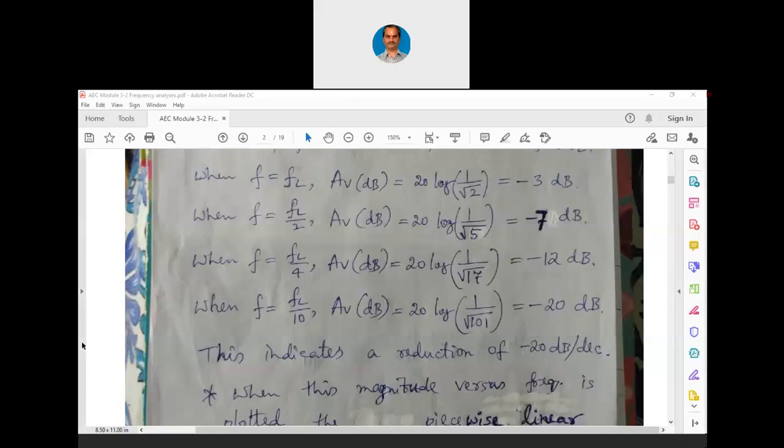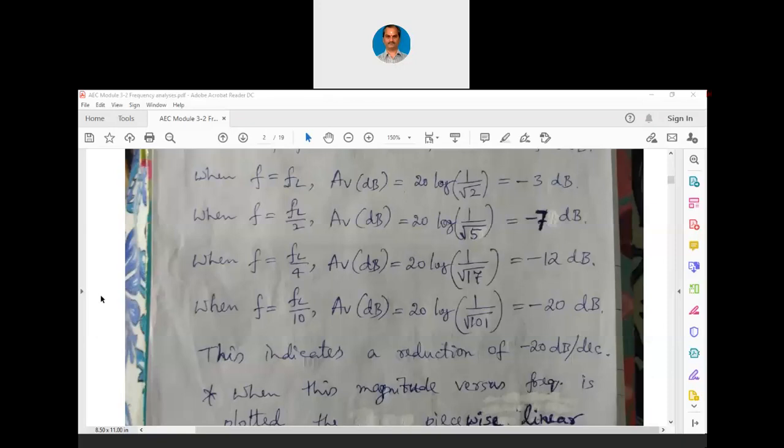Now, using all these values, we can manually plot a graph without actually performing the experiment itself. That is what we are doing now. We are only mathematically analyzing the circuitry, and using all these values, minus 3, minus 7, minus 12 and minus 20, we can plot a graph.